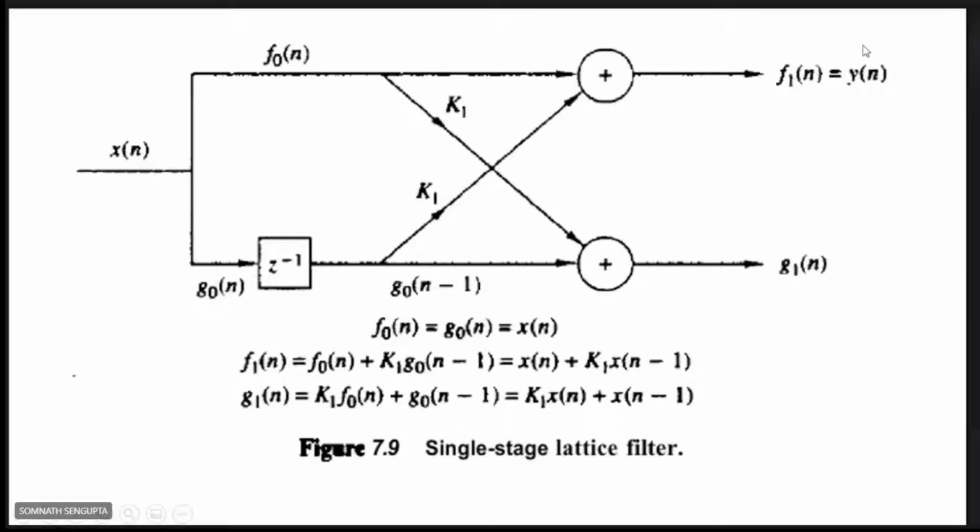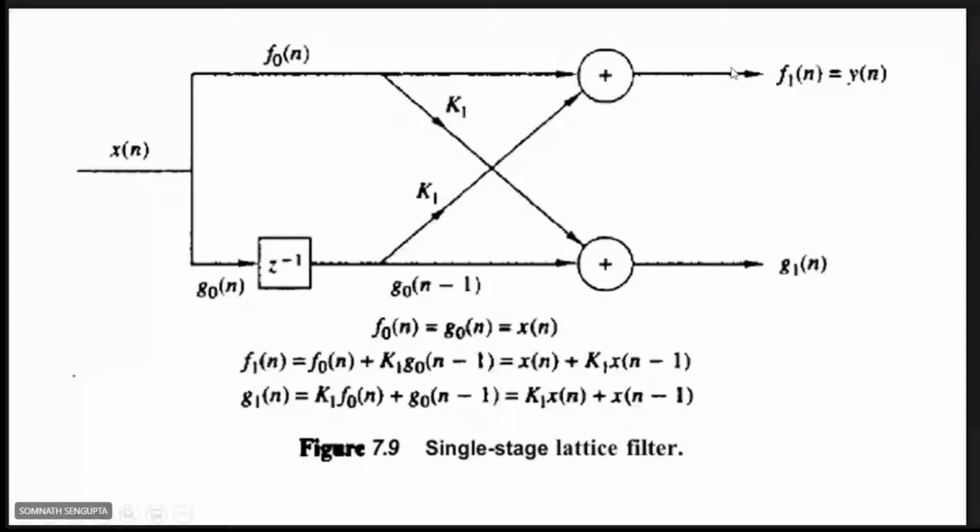The output of this adder is f1n, the output of the first stage. What we are discussing is a filter that we are trying to implement using a lattice structure.